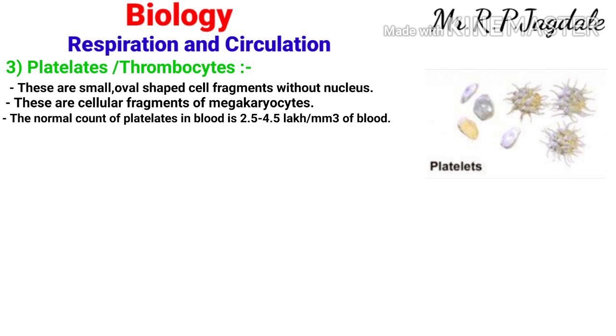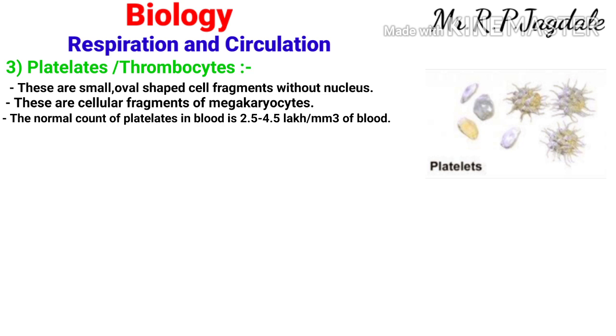The normal count of platelets in the blood is about 2.5 to 4.5 lakh per mm cube of the blood. You can see the normal count of platelets in the blood reports if you have them.